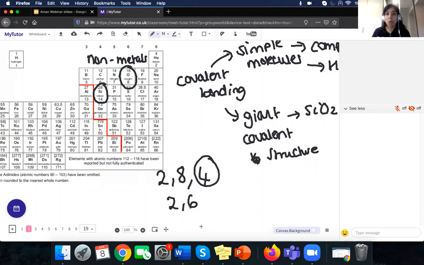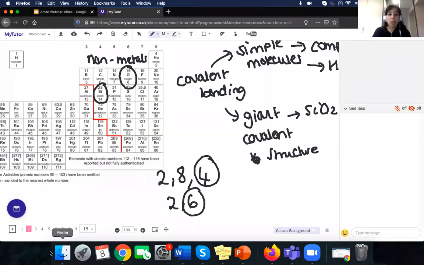So remember, all nonmetals tend to gain electrons, but when we're binding two nonmetals together, it's the sharing of electrons. So silicon wants to share 4 electrons with another nonmetal in order to get its full outer shell of 8 electrons. Oxygen, on the other hand, only wants to share 2 electrons because it has 6, so it needs 2 more to get 8.